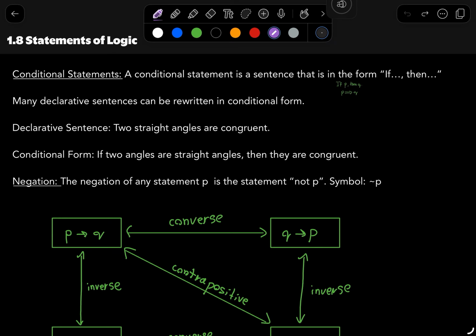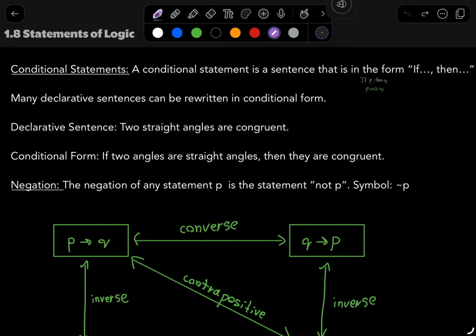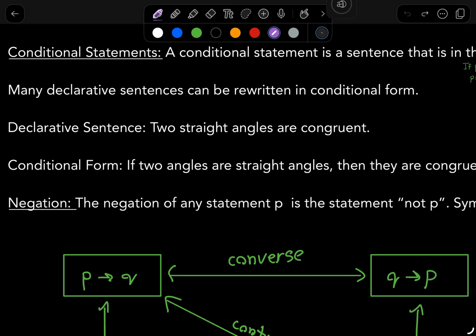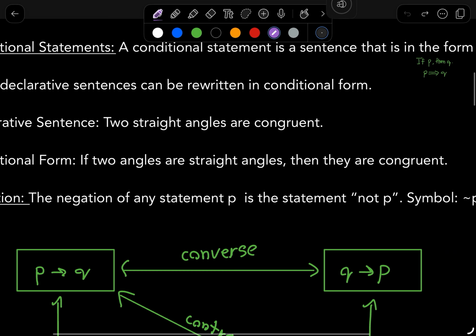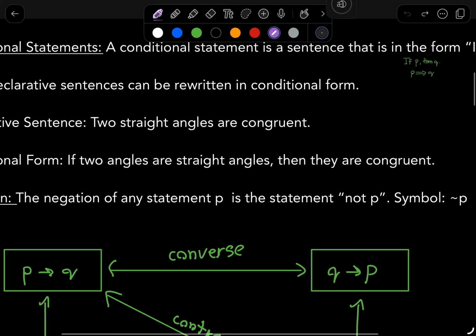Now, many normal sentences can be written in conditional form, and by normal I mean declarative sentences that declare something. For example, you see the sentence right here, that two straight angles are congruent. This can be transformed into the conditional form by saying if two angles are straight angles, then they are congruent.